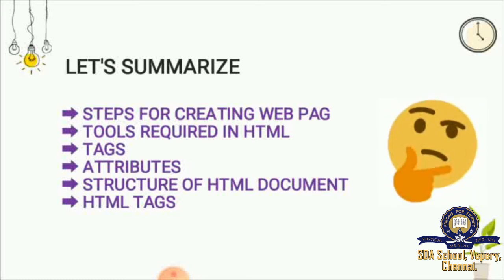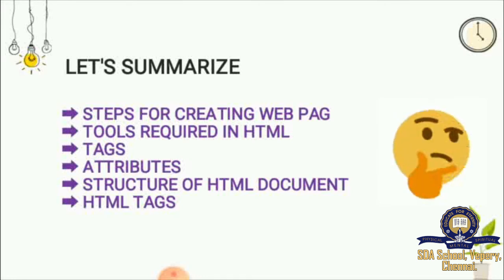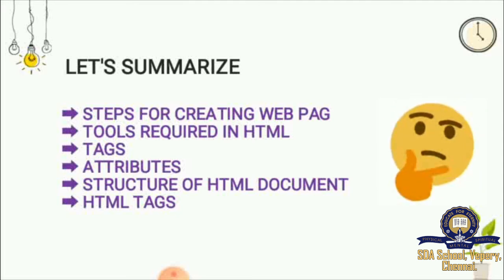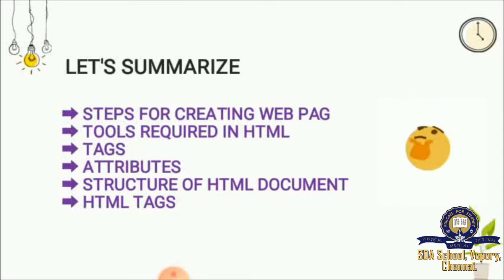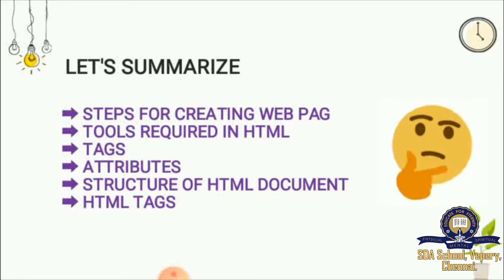Next we learnt about attributes. Attributes are additional information given to a tag. They modify the function of a tag. Attributes are associated only with the start tag and not with the end tag. The attributes are simply written with the tags along with their value.